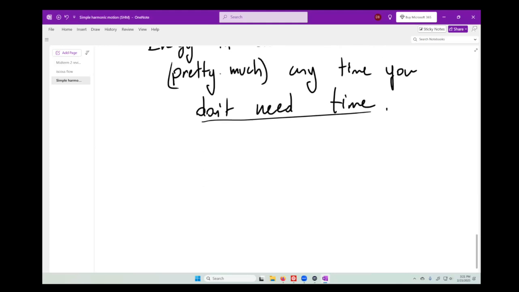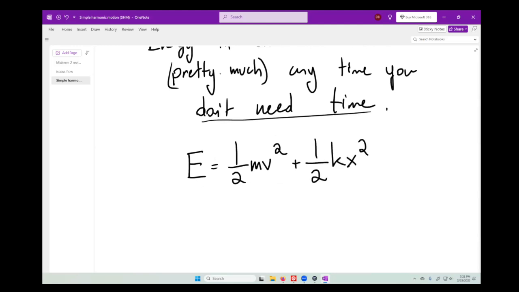Well, the total energy is kinetic plus potential. And this is constant, right? Because the energy is conserved. So we can evaluate this at any point in the motion.